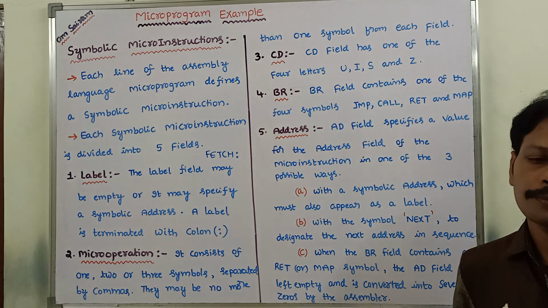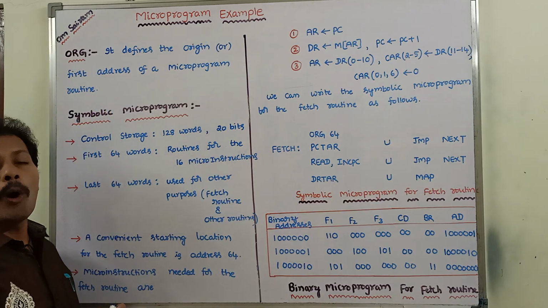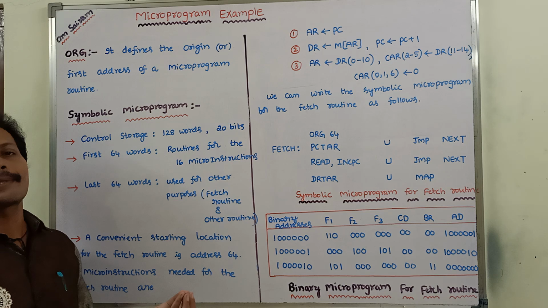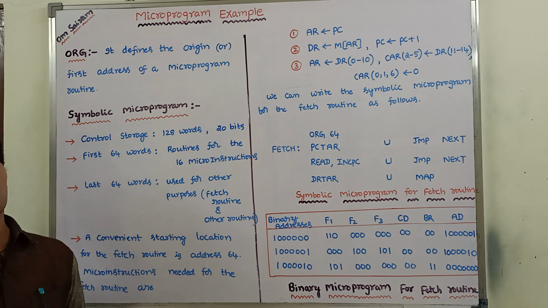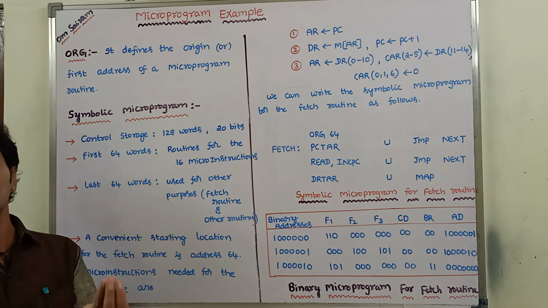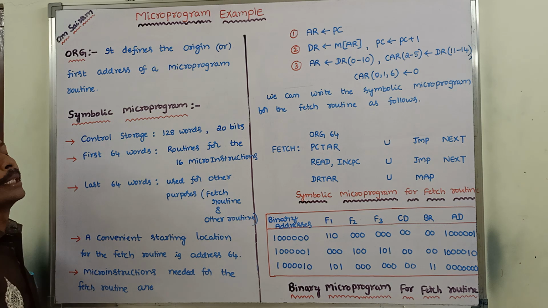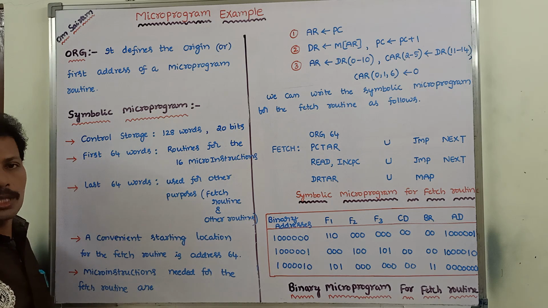Okay. Next one is ORG. It defines the origin or address of the first microprogram routine. That means the address of the first instruction in the microprogram routine is denoted with ORG.